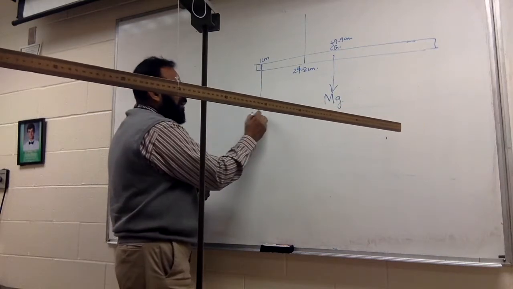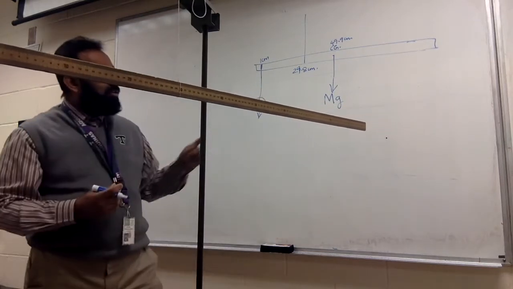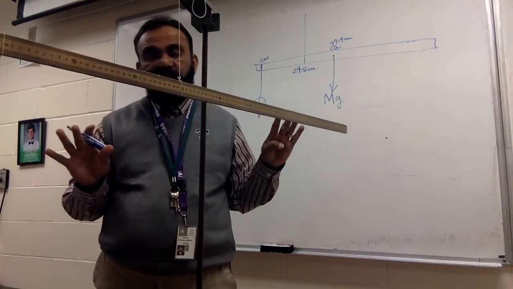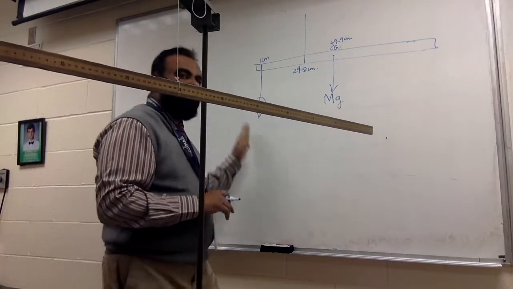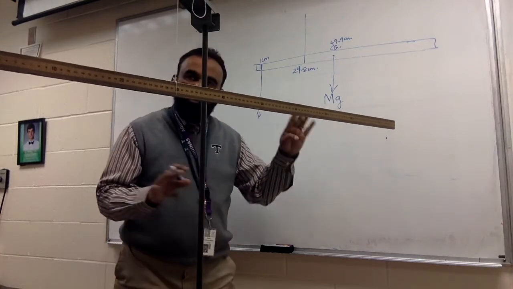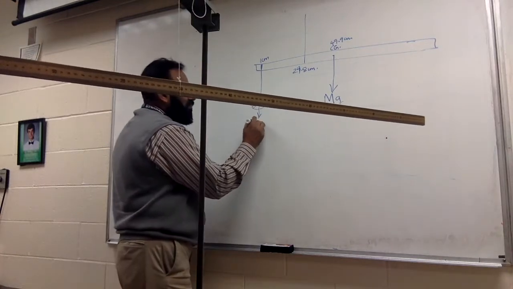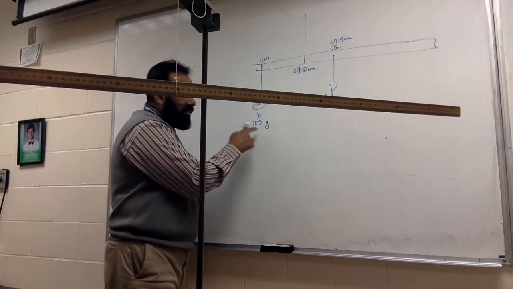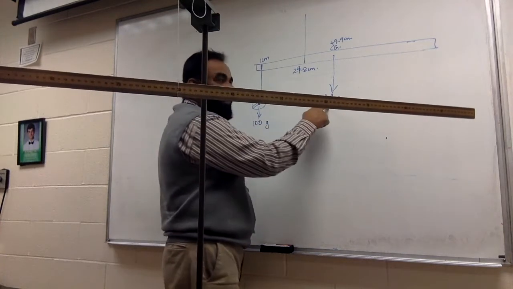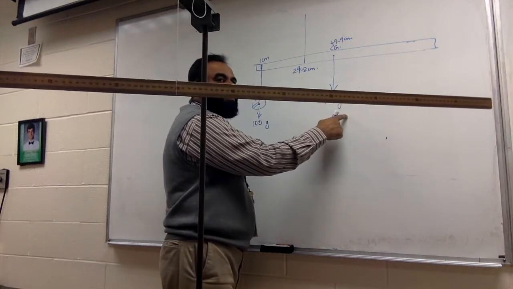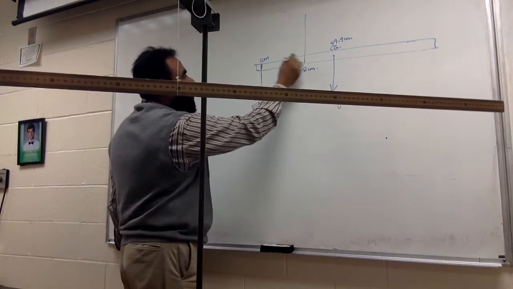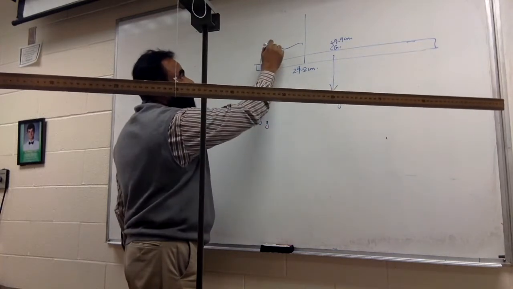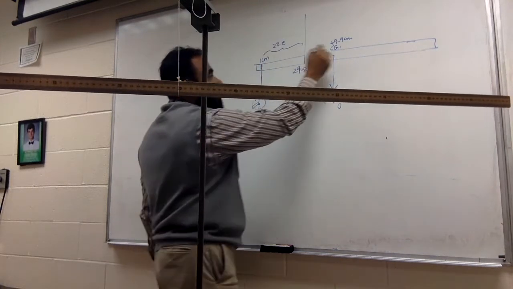You can keep them in grams, it's fine, since you're writing F1 d1 and F2 d2. So this is 100 grams times the acceleration due to gravity, and this is m grams times the acceleration due to gravity. What is the distance from here to here? 28.8. And what is the distance from here to here?